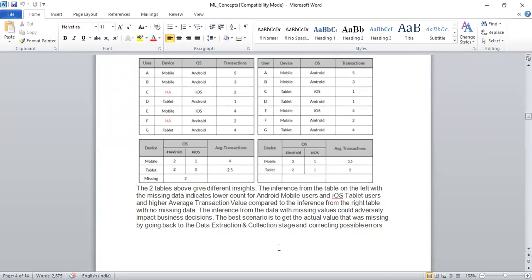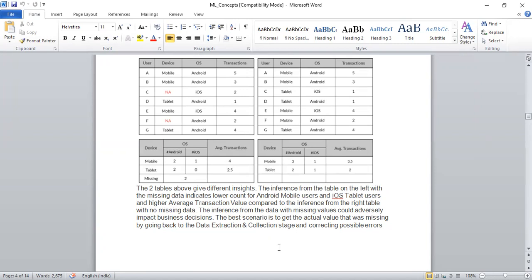The inference from the table on the left, with the missing data, indicates a lower count for Android mobile users and iOS tablet users, and a high average transaction value compared to the inference from the right table with no missing data.